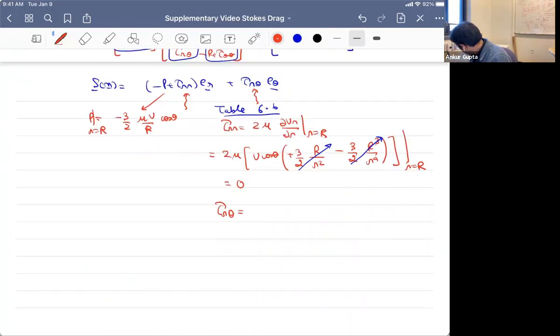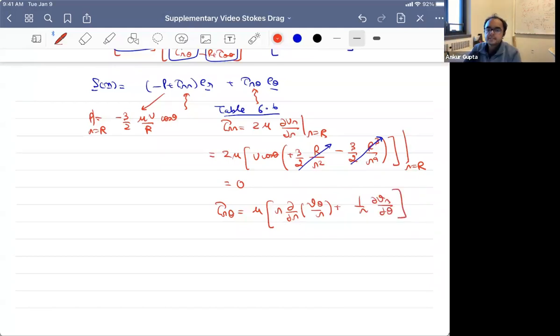So tau R theta in the book, if you look at the table, it is mu R del by del R of v theta by R plus 1 by R del v R by del theta.